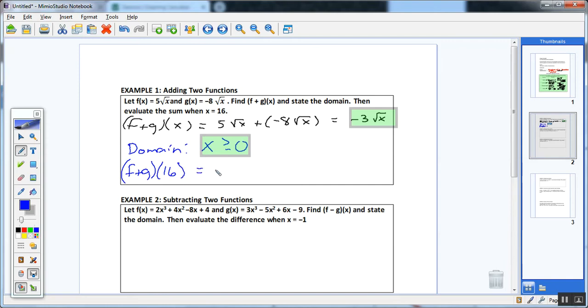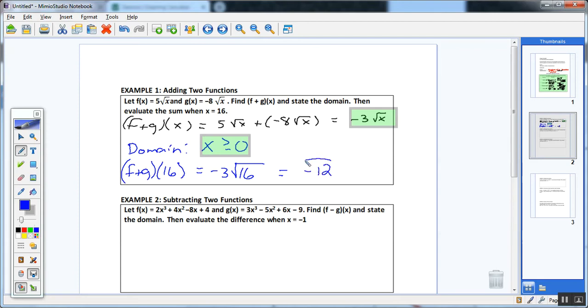Okay, so this is simply going to equal negative 3 times the square root of what, kids? Well, help me out, kids. We're going to look at that square root of 16 as what value? 4. We have to look at it as 4 because we just said the domain value has to be greater than or equal to 0 here. So I throw that in. It's bigger than 0. We've got 4. What's 4 times negative 3?